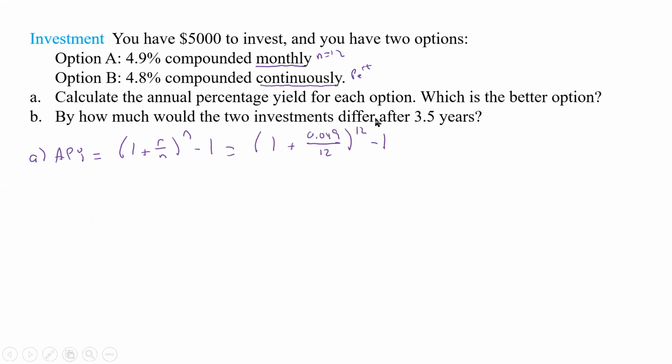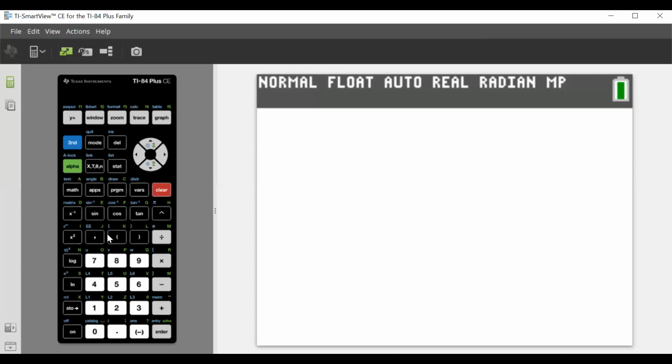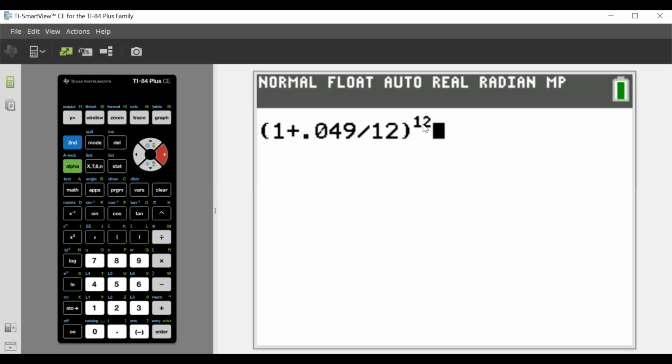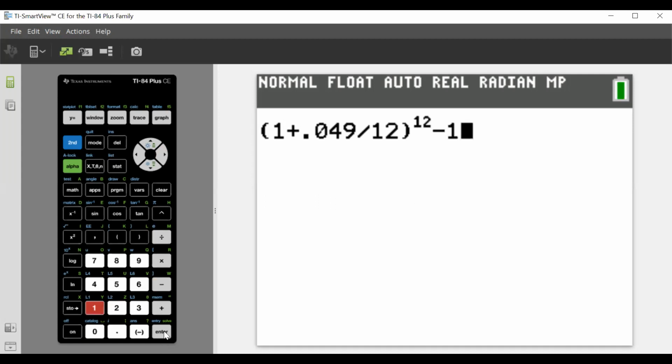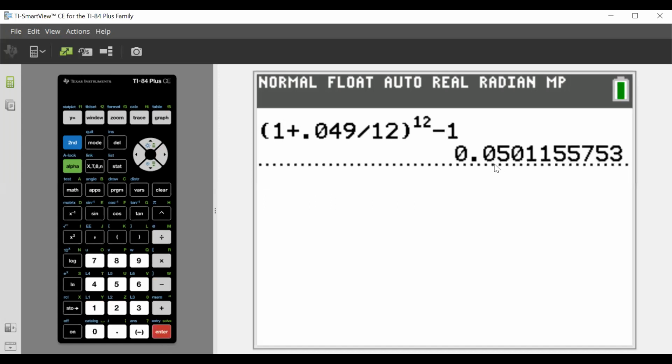Well, what does that give us? Well, let's calculate that. So we had 1 plus 0.049 divided by 12 and then raised to the 12. Now remember to arrow down so we're not subtracting 1 from the 12. And so that should give us our percent. So 5.01%.